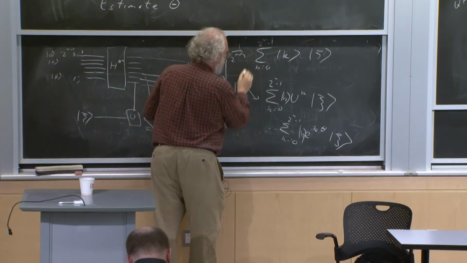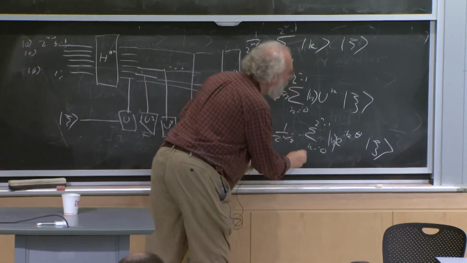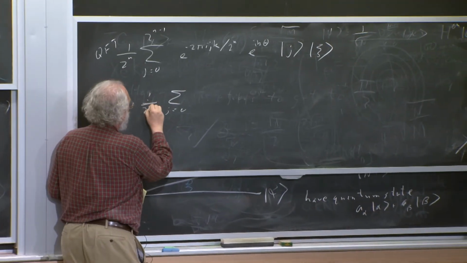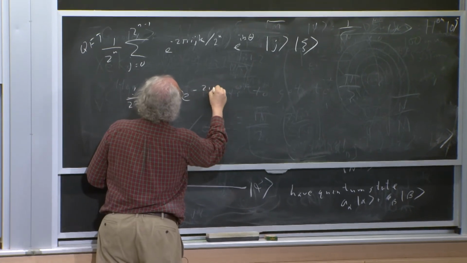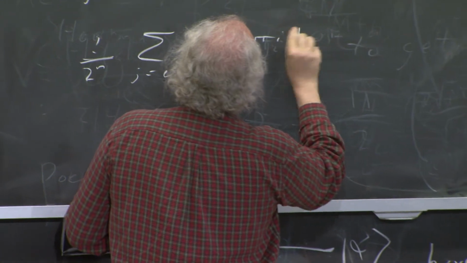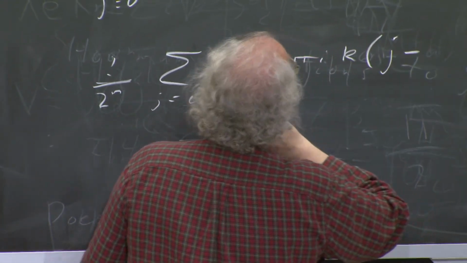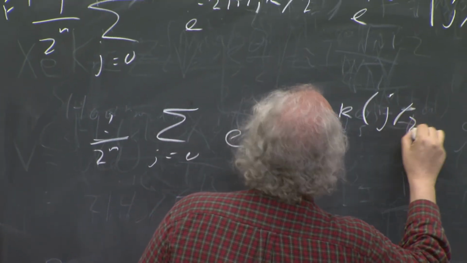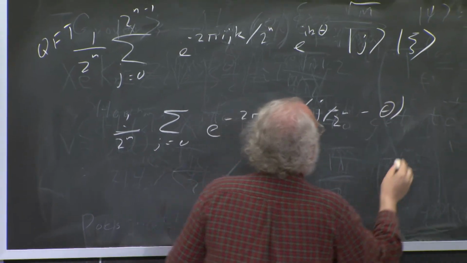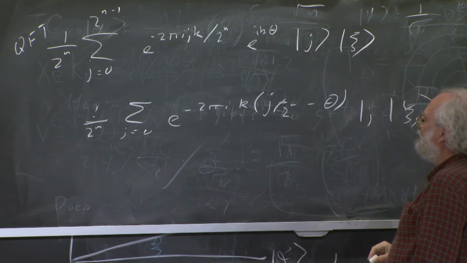So this is 1 over 2 to the n, the sum over k, j of e to the i k times theta minus 2 pi j over 2 to the n, j psi.